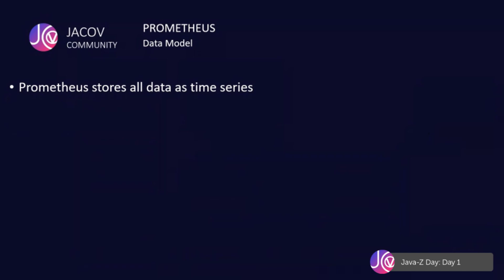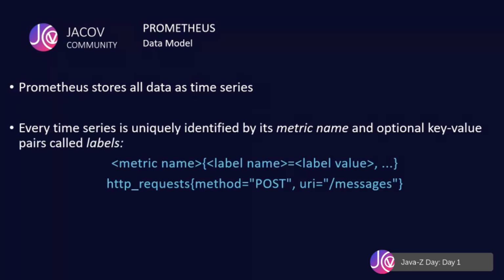Prometheus stores all data as time series, which are streams of timestamped values belonging to the same metric and the same set of dimensions. Every time series is identified by its name and optional key-value pairs called labels.